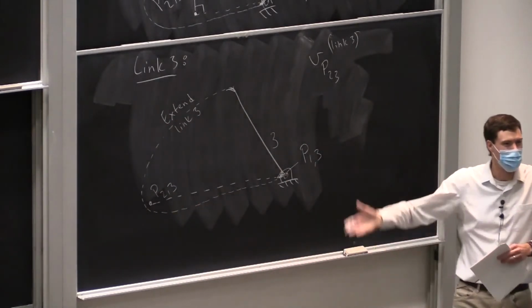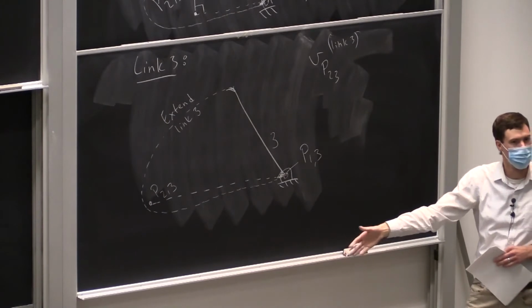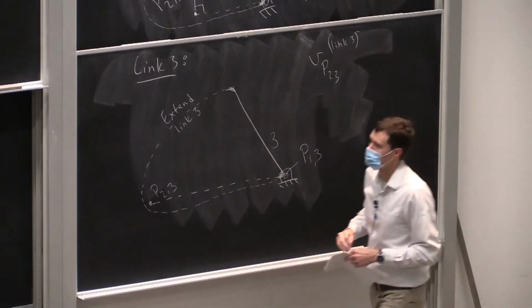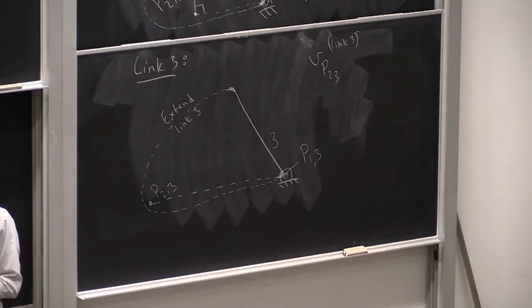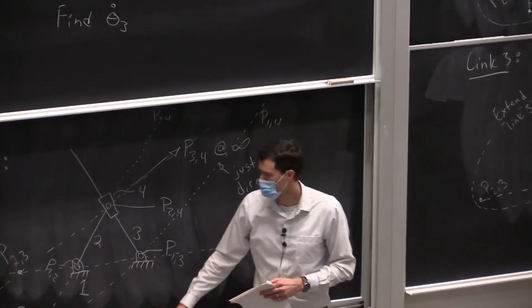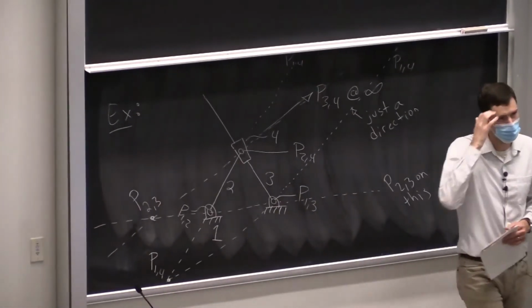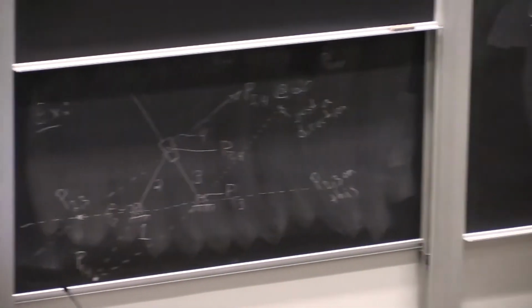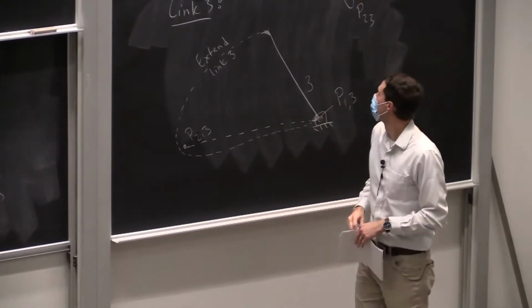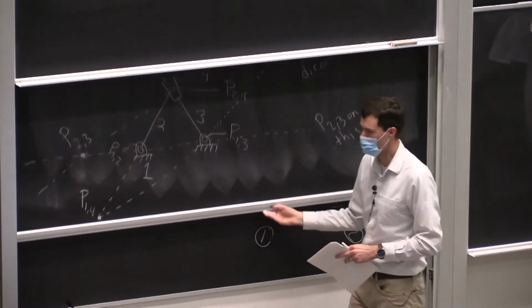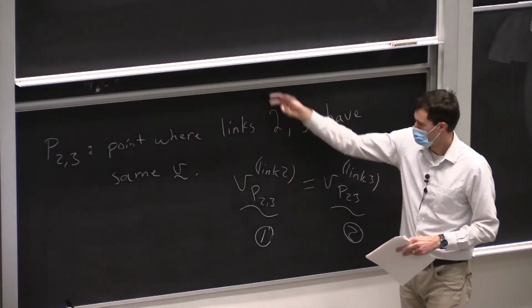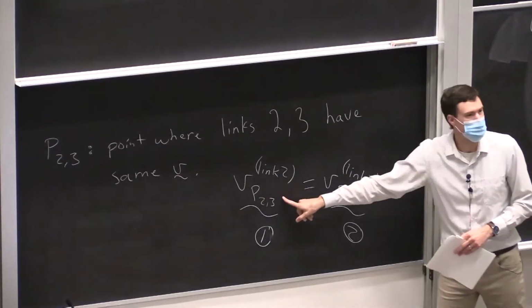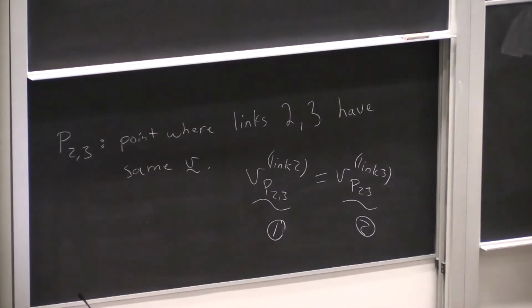Should the velocity be up or down? Just looking at our mechanism, it's a little hard to tell. Is link 3 rotating clockwise or counterclockwise? Link 2 is going clockwise. It depends on the exact geometry. But think about our main equation: the velocity is the same for both of our cases.